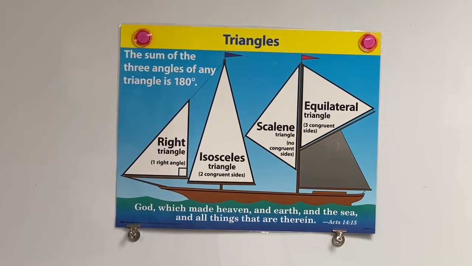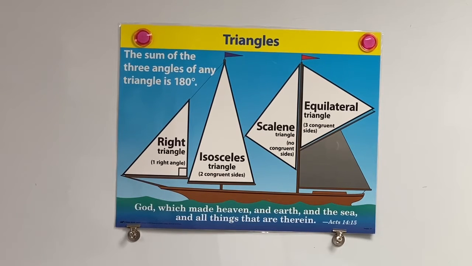For the scalene triangle, this means that none of the sides of the triangle measure the same. Okay, so the scalene, it has no congruent sides, meaning that the sides do not measure the same.